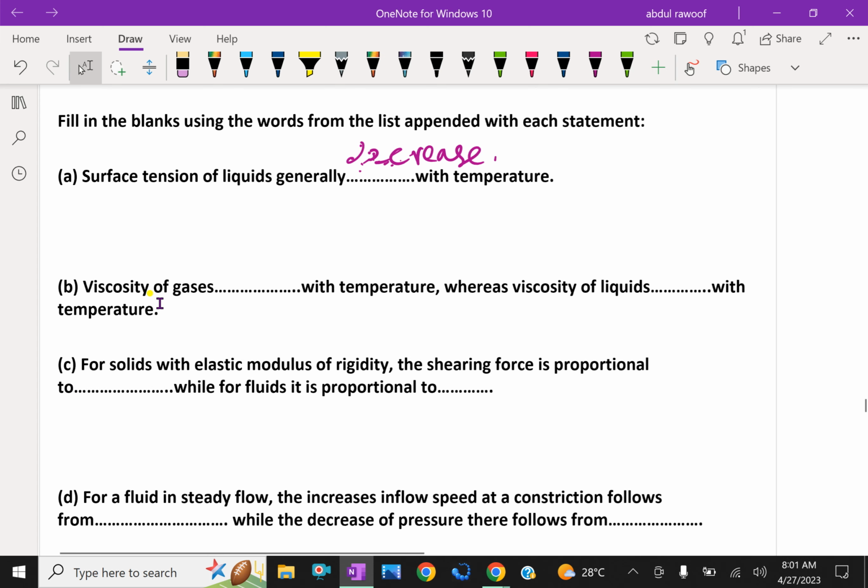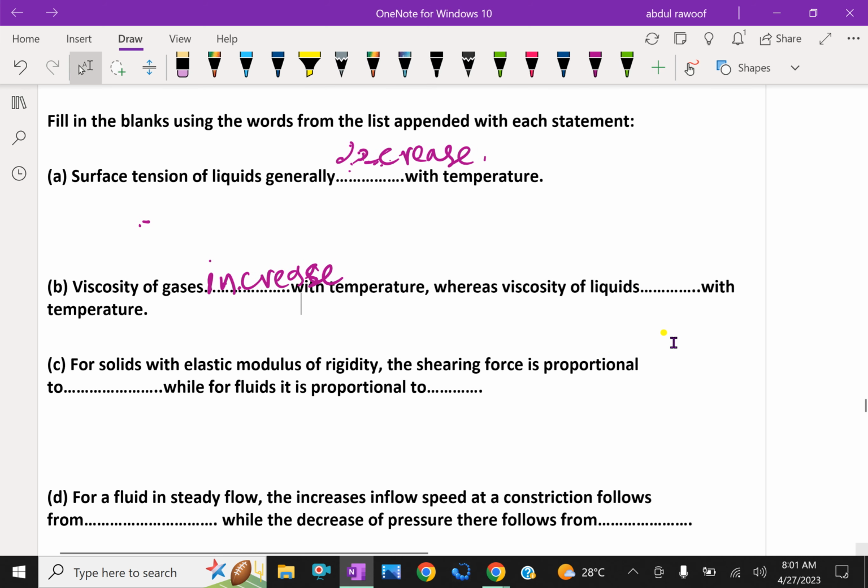Next, viscosity of gases increases with temperature, whereas viscosity of liquids decreases.